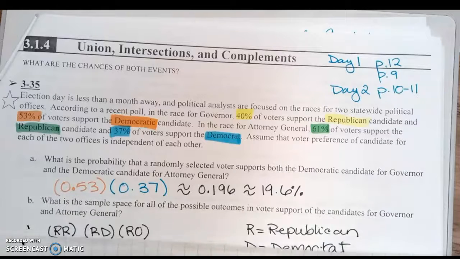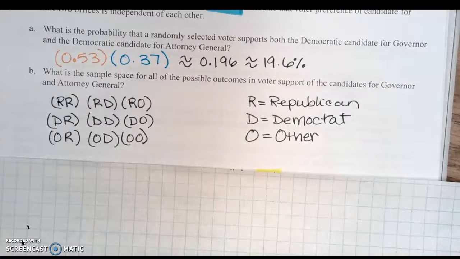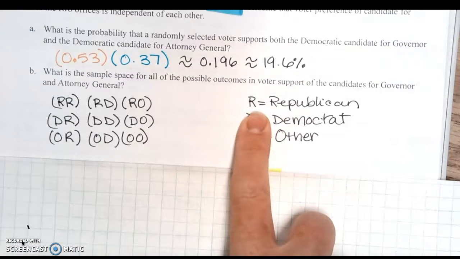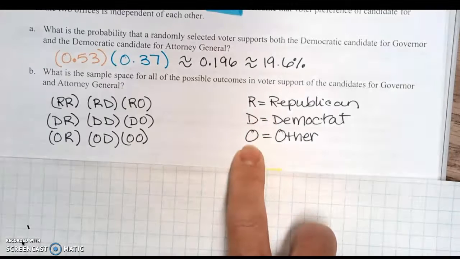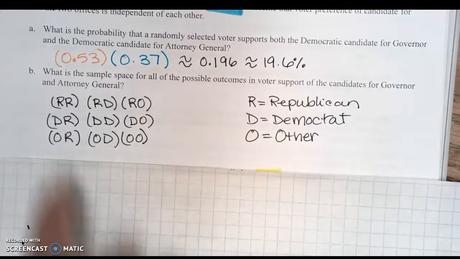All right. Part B says, what is the sample space for all the possible outcomes in voter support of the candidate for governor and Attorney General? Okay? So R is for Republican, D is for Democrat, and O is going to be other. Okay?